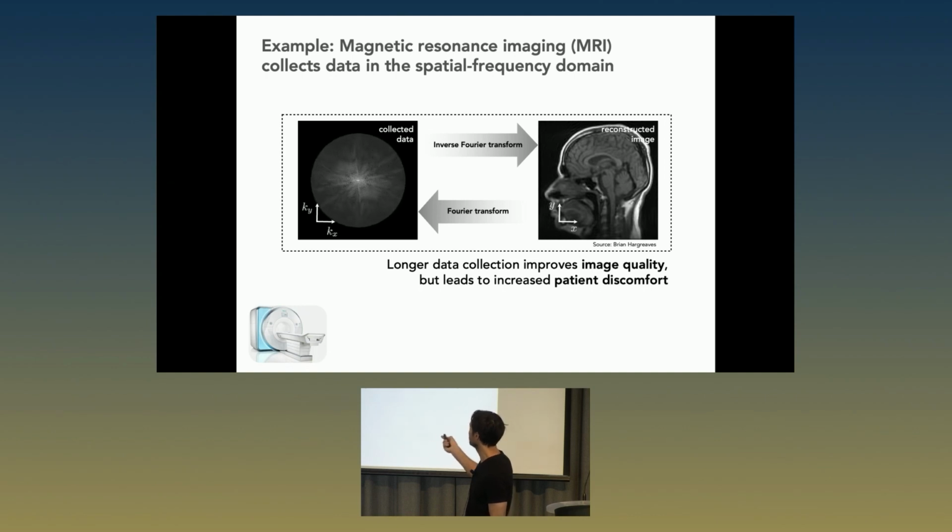There is a direct relationship between the time of data collection and image quality, because we're collecting the data indirectly and sequentially, and this gives me the image. The goal here might be multifaceted, but one of the goals is trying to shorten the data acquisition because it would directly improve patient comfort without compromising the imaging quality, right?